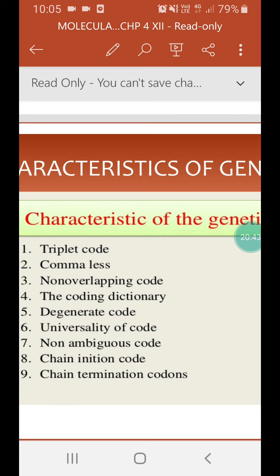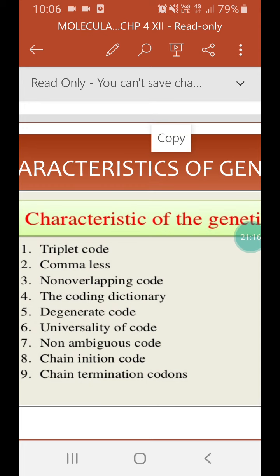Now, degeneracy of code is many codons for one amino acid. So there are 61 codons for 20 amino acids. One would expect the presence of 61 types of transfer RNA, each with a specific anticodon for recognition of a particular codon.